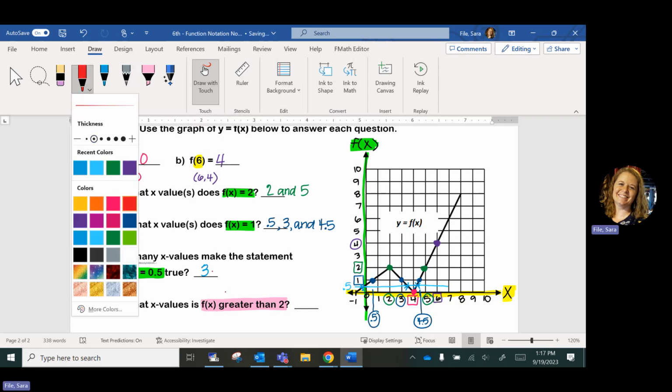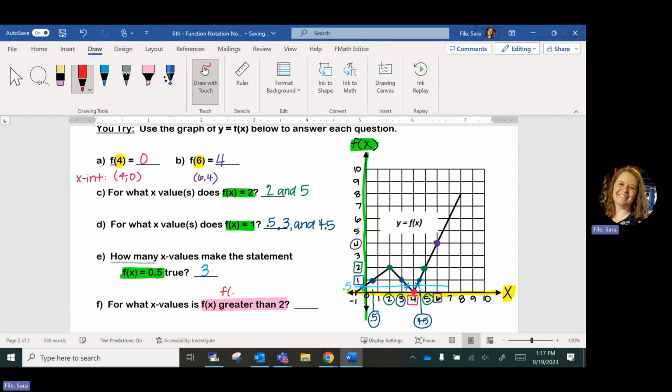Okay, so where is our function? Where is our graph greater than 2? Where is it above 2? So I'm going to make a dashed line here at 2 just to help us get a visual.